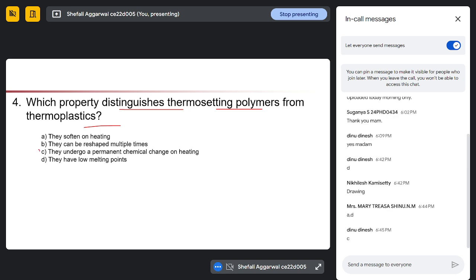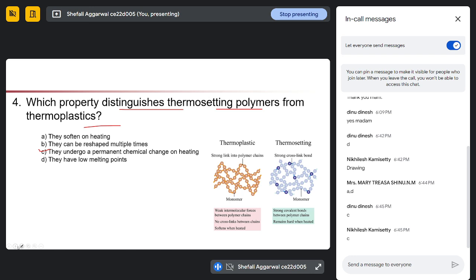B, okay, correct. When we have seen about thermoplastic and thermosetting materials, when we are heating our thermosetting materials, it will remain hard and will have a permanent change to the material. It won't come back to the original shape.